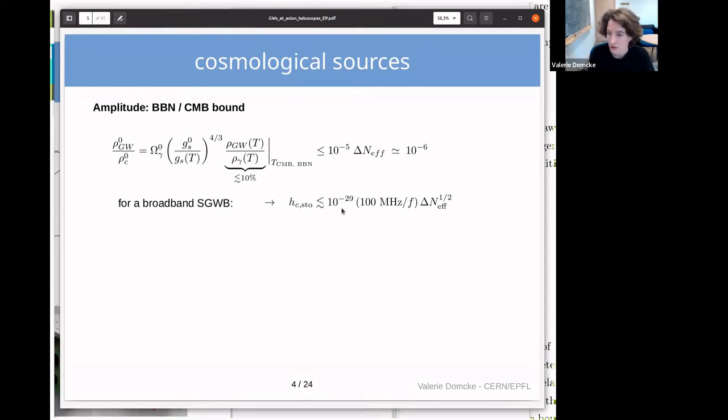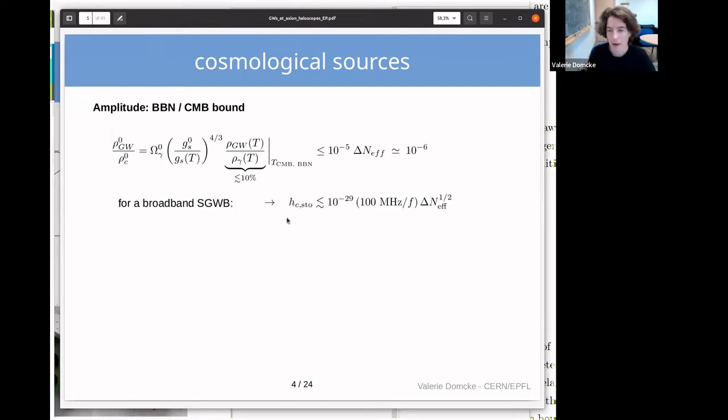I will also give you a second number to keep in mind. So this is basically a bound on the total energy density. Now, instead of quoting the energy density, we like to also use this dimensionless parameter little h, which is basically the amplitude of the gravitational wave multiplied by some frequency dependent factor.